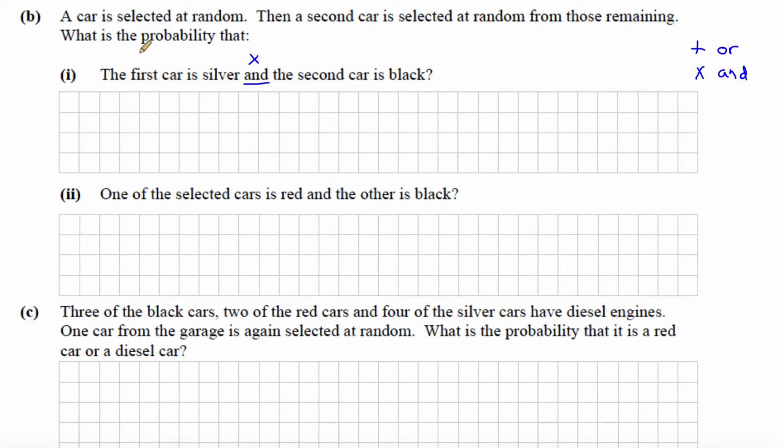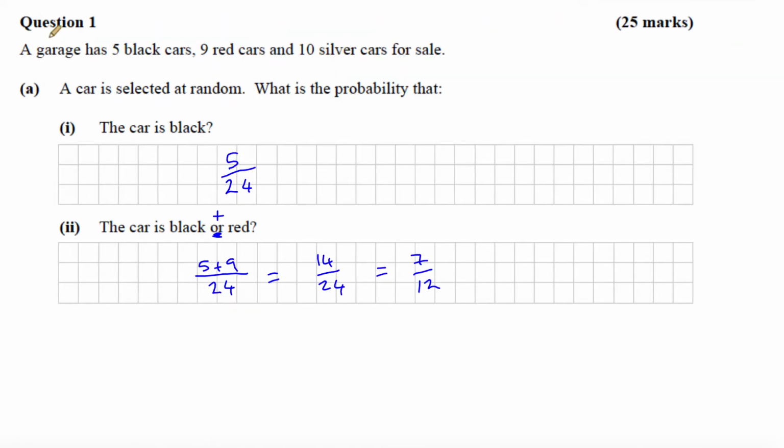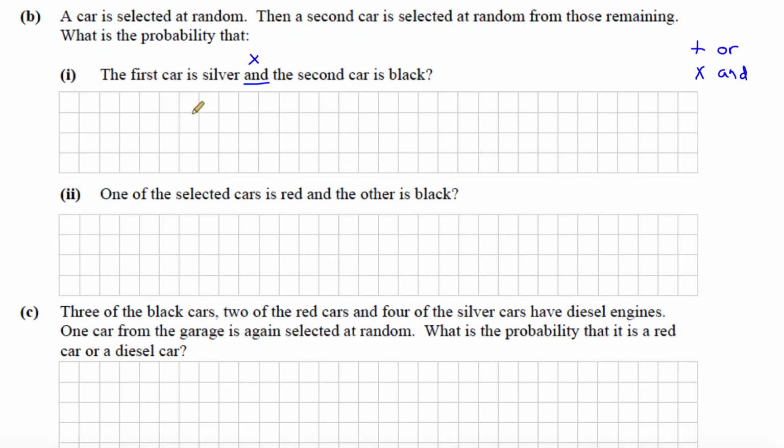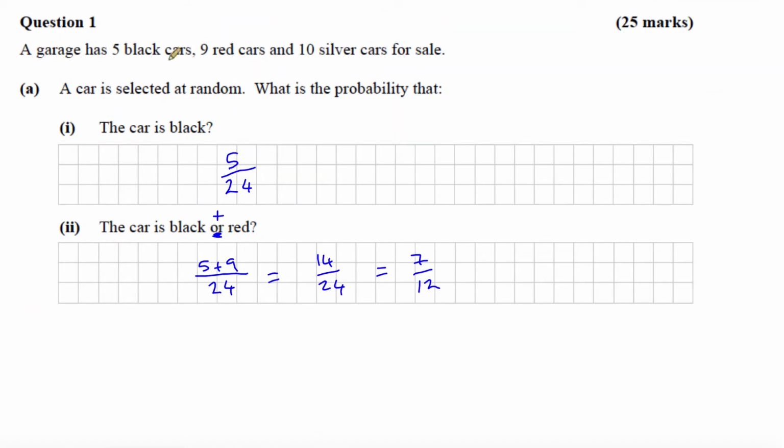So we want the probability that the first car is silver. So there was 10 silver. So the probability that the first car is silver is going to be 10 out of the total of 24. And means multiply. The second car is black. Okay, well if the second car is black, there's 5 black cars.